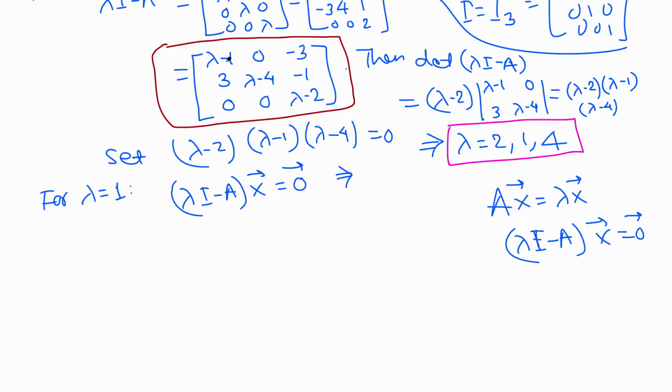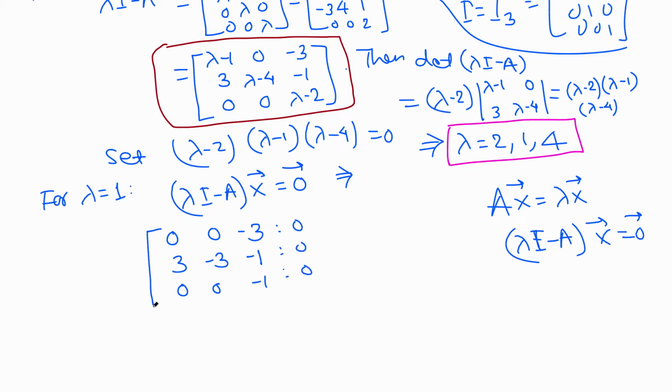Plugging in lambda equals 1: 1 minus 1 is 0, 0, negative 3, 3, 1 minus 4 is negative 3, negative 1, 0, 0, 1 minus 2 is negative 1. I am just writing the augmented matrix. This x has 3 components, x1, x2, x3, and I put 0 on the right side.